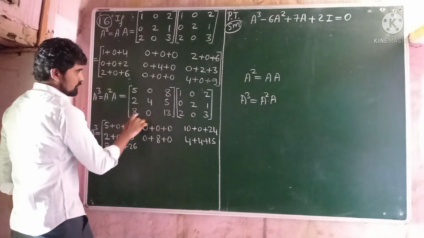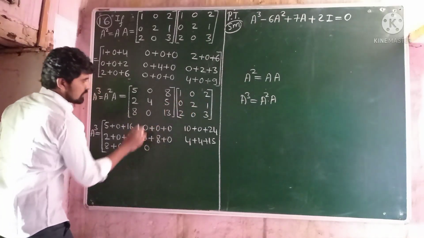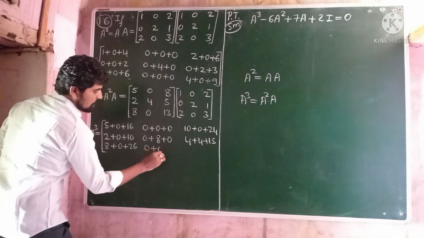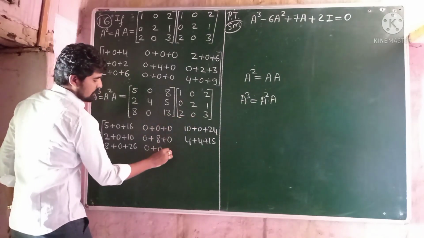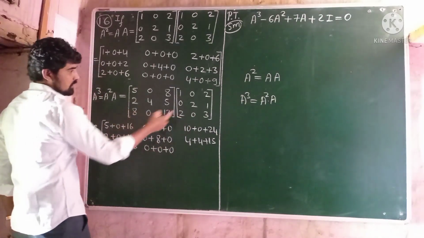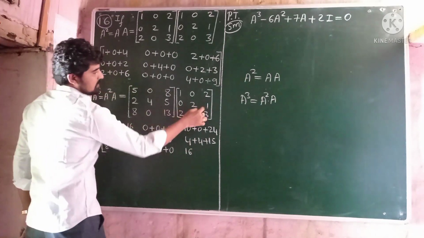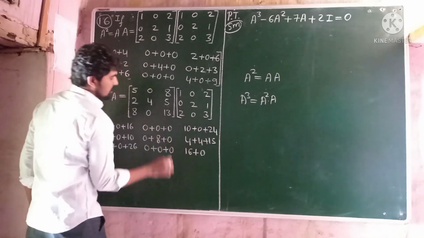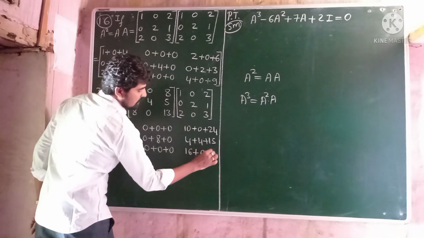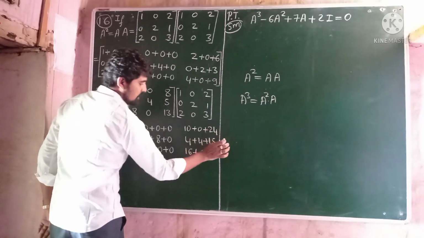Third row second column: 8 into 0 is 0, 0 into 2 is 0, 13 into 0 is 0. Third row third column: 8 into 2 is 16, 0 into 1 is 0, 13 into 3 is 39.